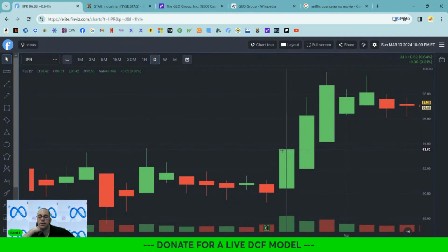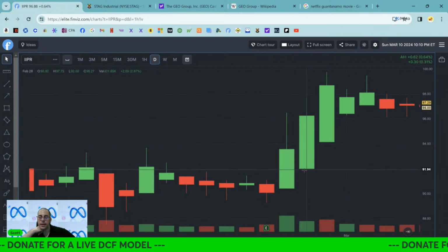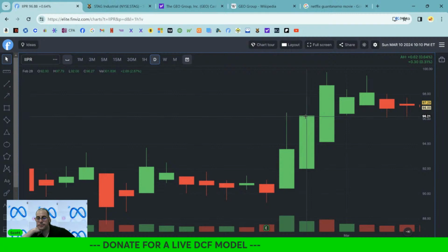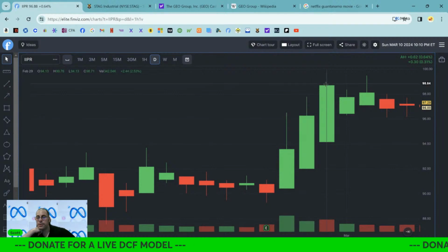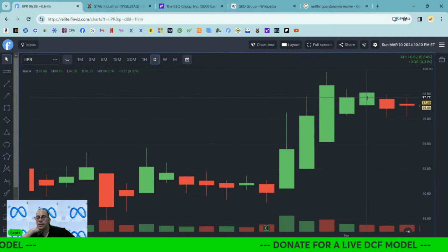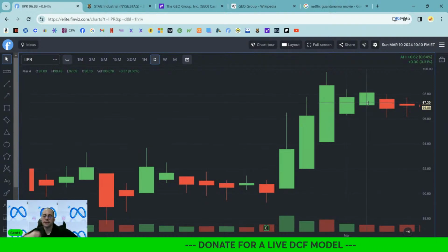So it closed here. And then the next day it opened down here. So it opened lower due to post-market and pre-market trading. And then it got pushed up here. Then opened down here, pushed up here. Open down here, pushed. So 5 straight up days.